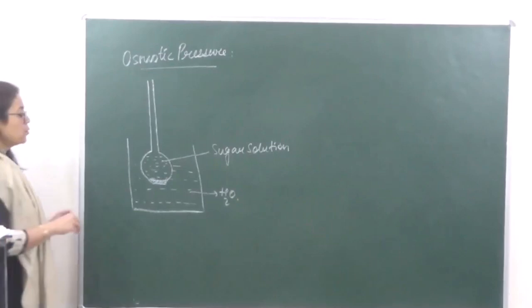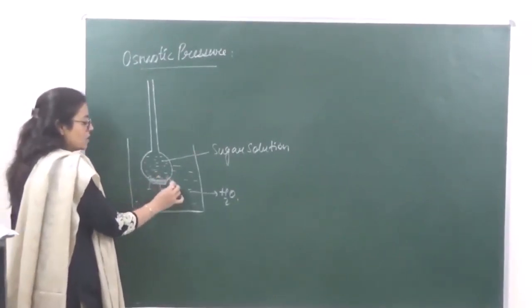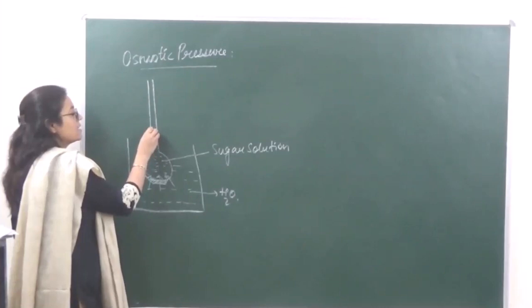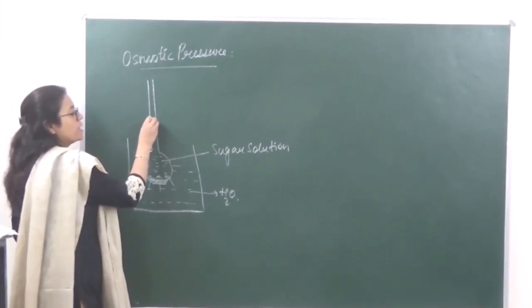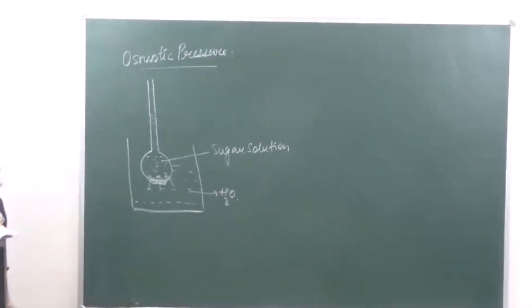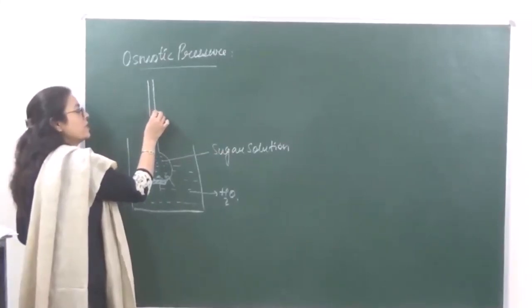What will happen due to osmosis? Water will start entering inside the thistle funnel, and the level of the solution inside the thistle funnel keeps on increasing. Okay, so let it lay for a few days. After a few days, what do we see? That the level becomes stationary.